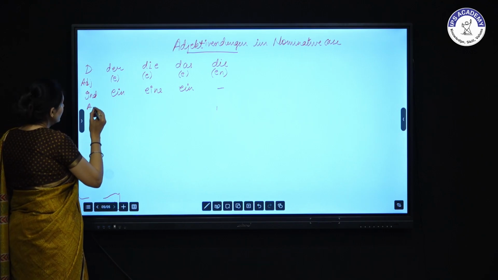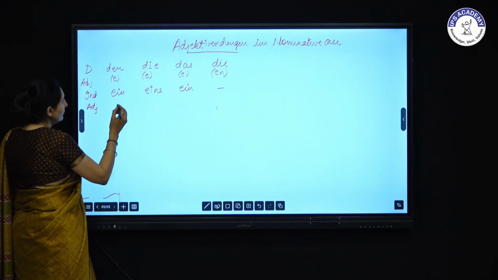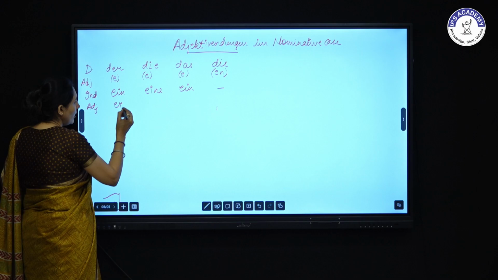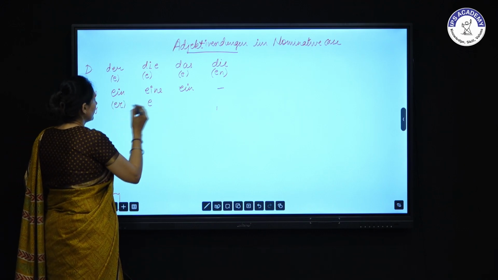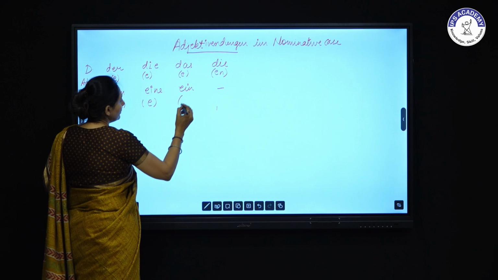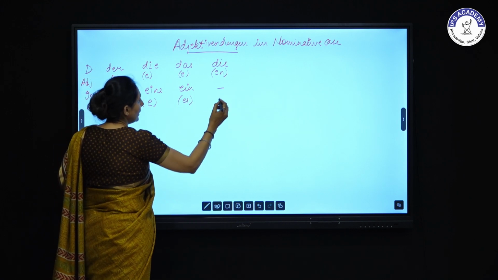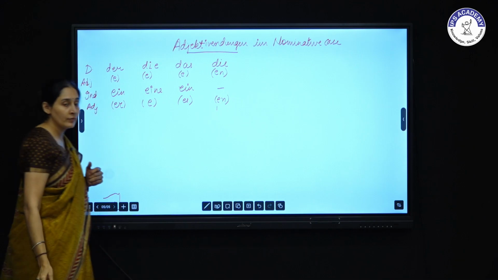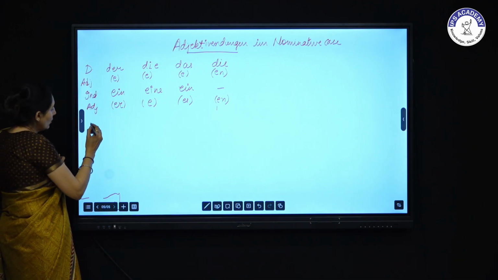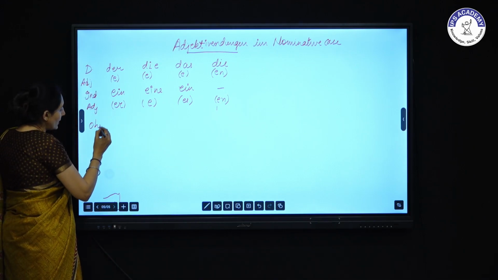Now adjective Endungen with these ones, we have er, we have e, we have es, and then we have en with this. Now there are owner article nouns as well.